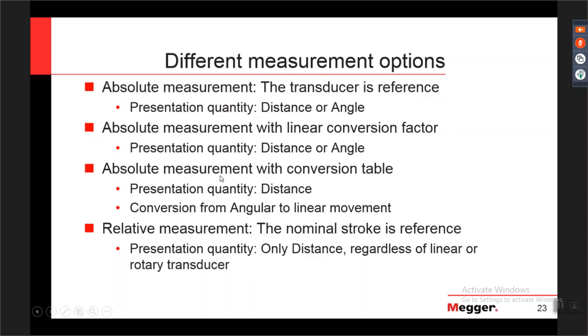Next, absolute measurement with conversion table. In this case, it's only distance as presentation quantity, what you see on screen. So what you actually do is convert an angular curve to a linear curve or linear movement. Relative measurement. This is interesting. The nominal stroke is the reference, and the presentation quantity is only distance, only millimeters, regardless of whether you're using a rotary or a linear transducer.